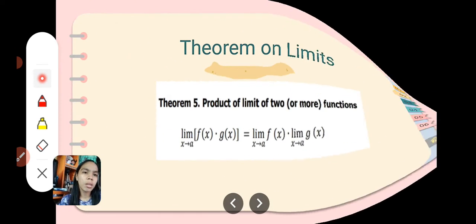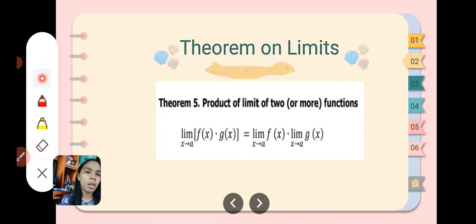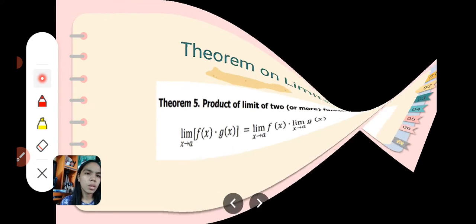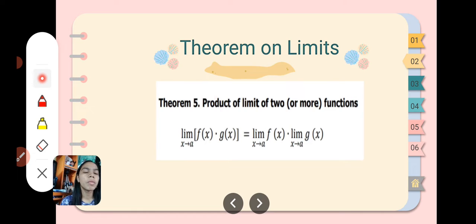Then the fifth is the product of limits of 2 or more functions. For this one, we use the product.